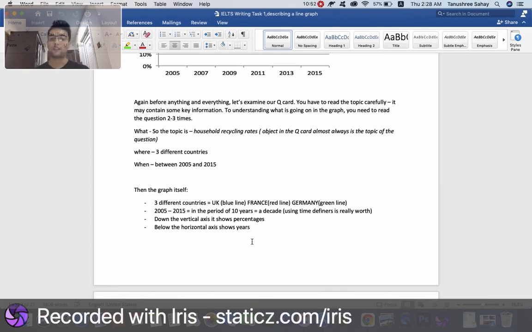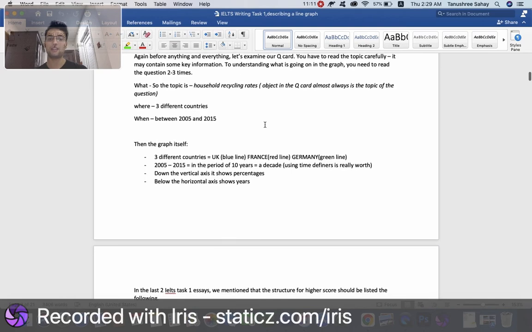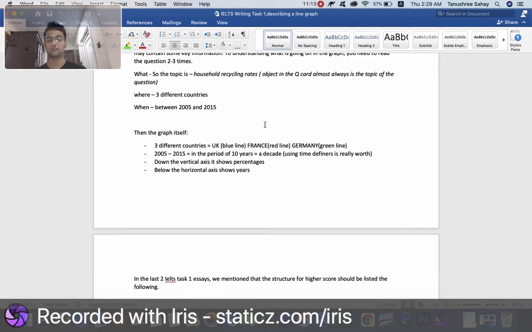Then the line graph itself. So 3 different countries. As we read the question, we do it like this: we examine the question card and read the topic really carefully 2 or 3 times so that you understand it better. Find out what the subject, verb, object, and adverbial are, and write it down, and then go to the graph itself and try to analyze the graph thoroughly.